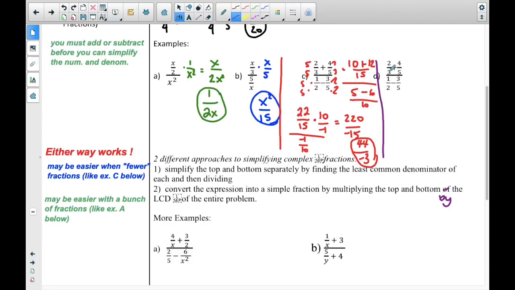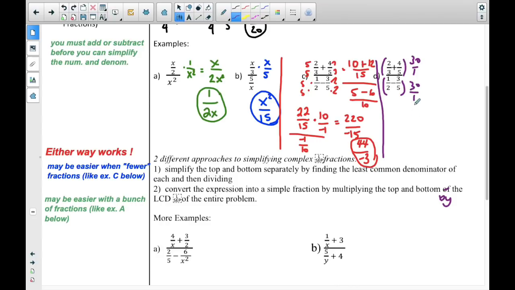So if we look at 3, 5, 5, and 2, what is the lowest common denominator with those? Well, it's going to be 3 times 5 times 2, and that is 30. So what I want to do is multiply the top by 30 over 1, and I want to multiply the bottom by 30 over 1.